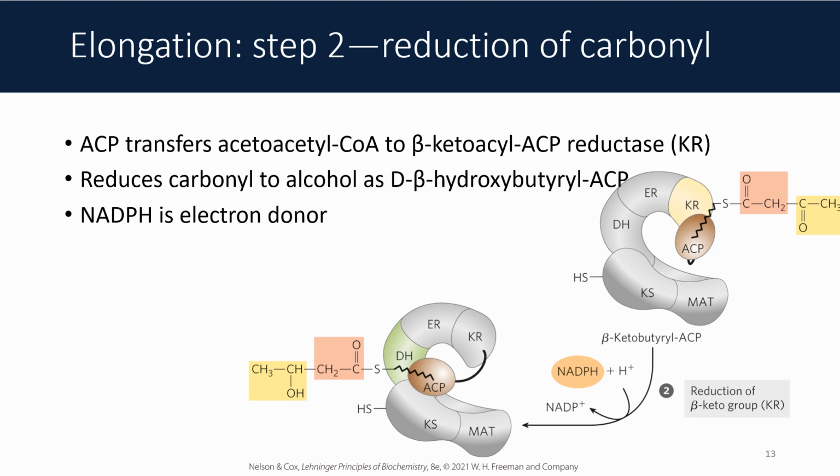By attaching the reddish orangish acetyl fragments that came from malonyl-CoA onto the yellow acetyl fragments that began on KS and is now attached to ACP, we have just generated a ketone in the beta position to this thioester.